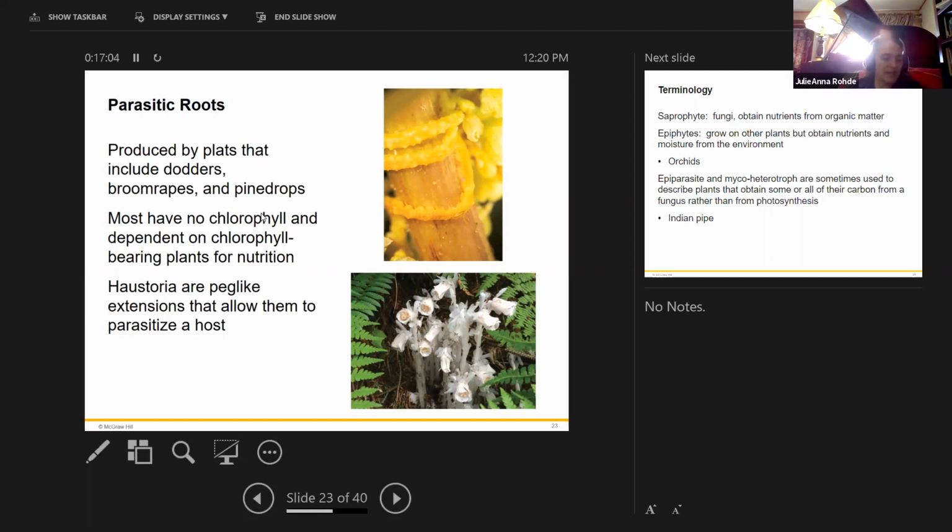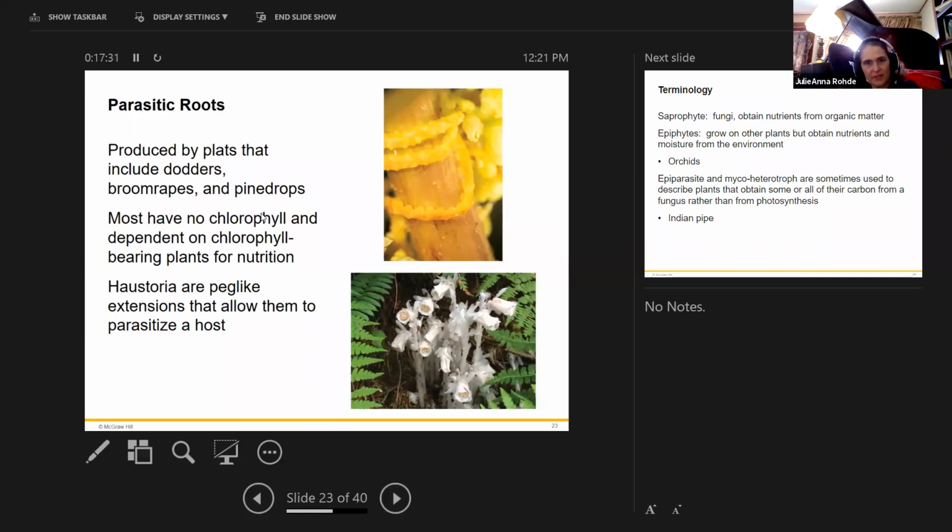I don't think we talked about that as a cell type in the previous tissues and cells definition. But some of the specialized names that are given to these parasitic type roots are called dodders, broomrapes, and pinedrops. Okay. Yeah, I probably won't make you memorize those. Just know parasitic roots exist and kind of what they do.